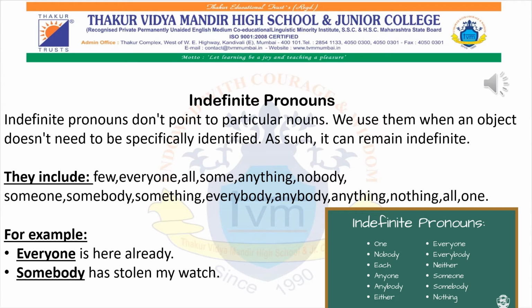Since it is indefinite, we don't know whom it is actually pointing to. We use them when an object does not need to be specified or identified. As such, it can remain indefinite. They include few, everyone, all, some, anything, nobody, everything, anyone, nothing.